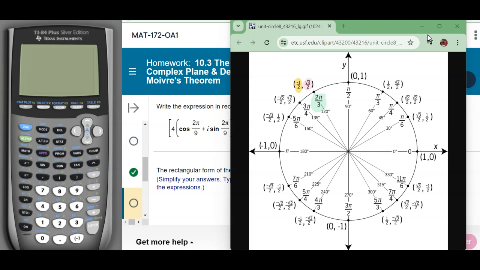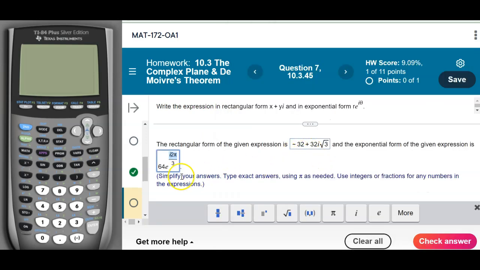So when I'm multiplying 64 times these two, the 64 gets multiplied by the -1/2 to give me -32, and then plus i times the sine of 2 pi over 3, which is the square root of 3 over 2. So 64 will get divided in half by the 2 and give me 32, but it'll be 32 square root of 3. So there is my rectangular form. There is my exponential form.